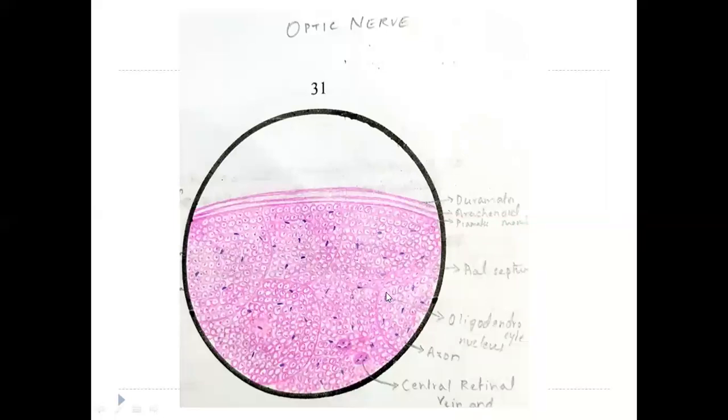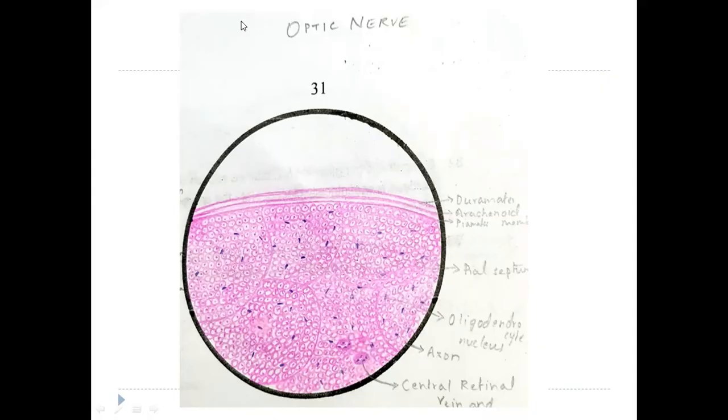the nuclei of oligodendrocytes. Then you should also draw two blood vessels in the center. A slight correction in this diagram is that central retinal artery will have a thick wall and an oval lumen, whereas the central retinal vein will have a thin wall and a collapsed lumen.